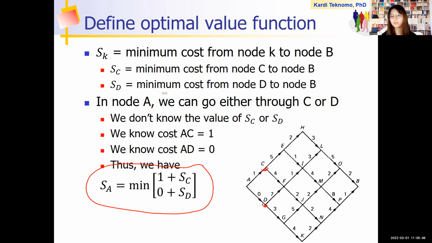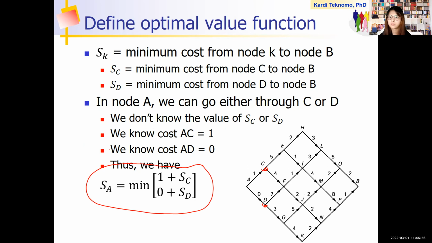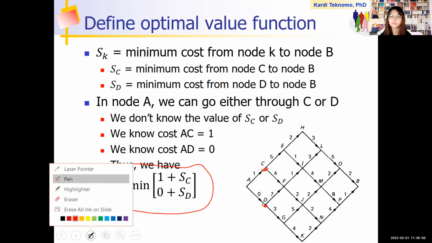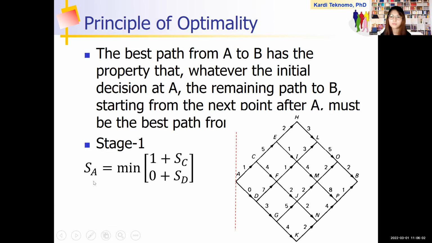In this case, I call this the minimum cost, that's why we call this SC. So I call this optimal.